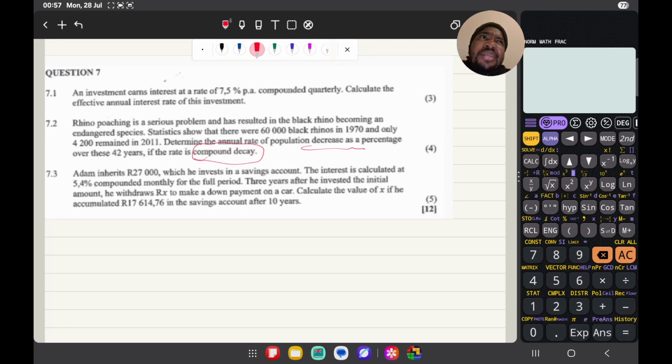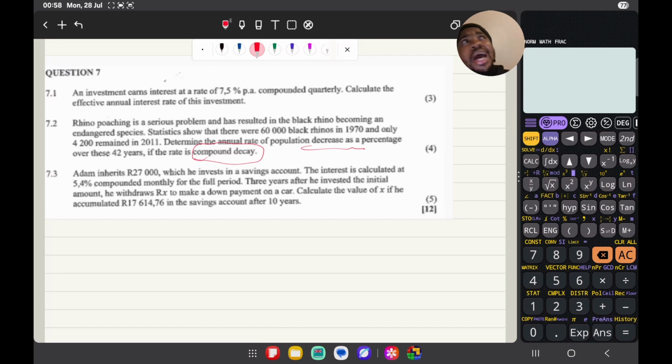In grade 11 we did mention population growth. We use compound interest to make calculations regarding population growth, and population decrease is also included.